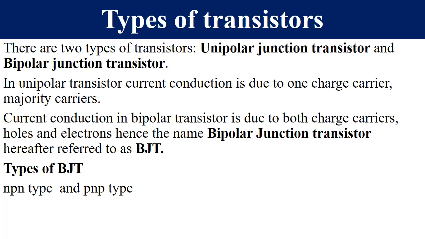Unipolar junction transistor refers to a field effect transistor, which makes use of one charge carrier, whereas bipolar junction transistor, BJT in short, makes use of two charge carriers. As I said, we are going to discuss two types of BJTs in this presentation: NPN and PNP transistors.